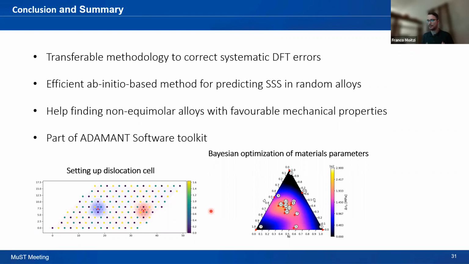And the workflow is part of the Adaman software toolkit, which is a toolkit for setting up these dislocations and, in general, for Green's function-based modeling of mechanical properties. It also includes dissipation optimization for material parameters, for example.